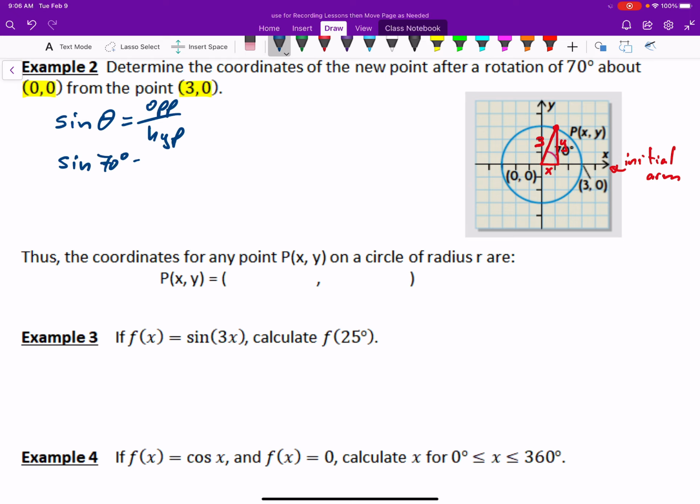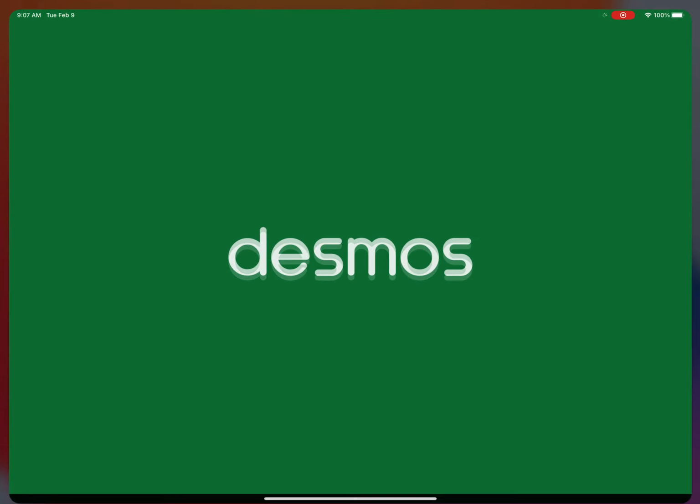I've been given that. The opposite side is represented by y, and the hypotenuse is the 3. So if I multiply both sides by 3, I'd get 3 times sine 70 equals y. And then I can find out what 3 times sine 70 is to get my length for y. And I'll do that right now.